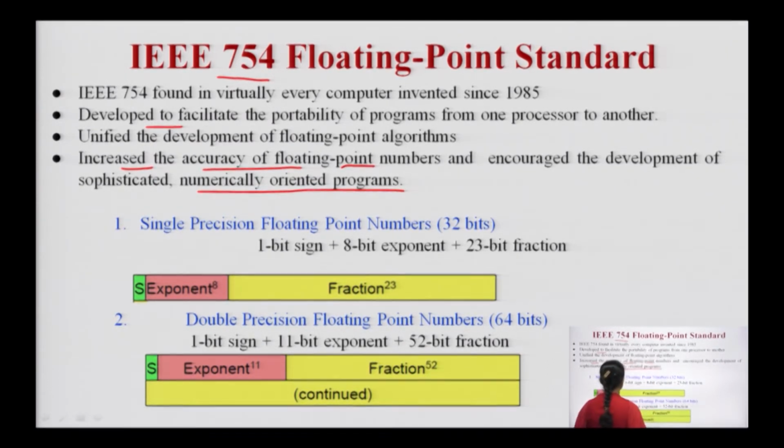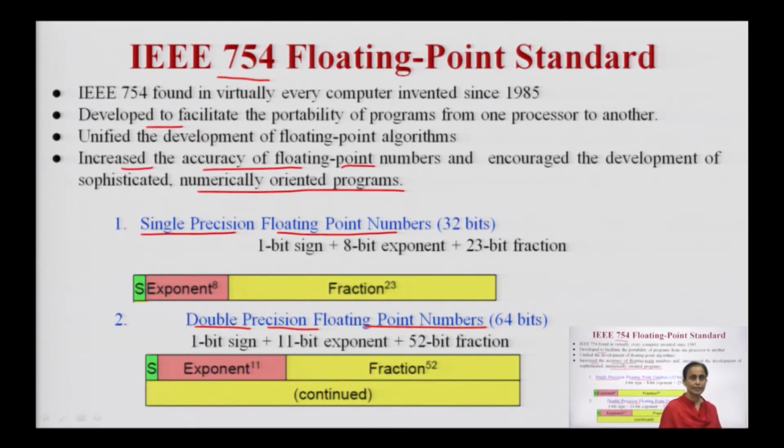This standard has two forms. One is single precision floating point numbers and the second is double precision floating point numbers. Starting with single precision, they are represented using 32 bits, in which 1 bit is the sign bit, the exponent field is the second part of 8 bits, and the third part, the fraction, is represented by 23 bits.